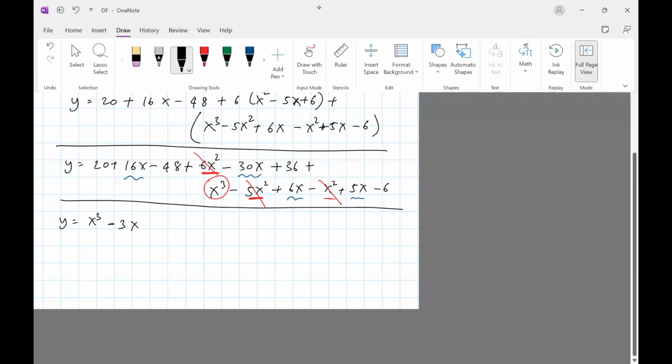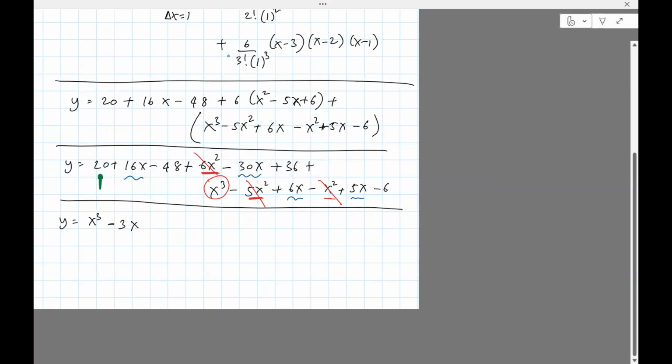Okay. And then the last one, 20 plus minus 48 minus 24. So minus 24. And then 36 minus 6 is 30. So this comes out to be 6.